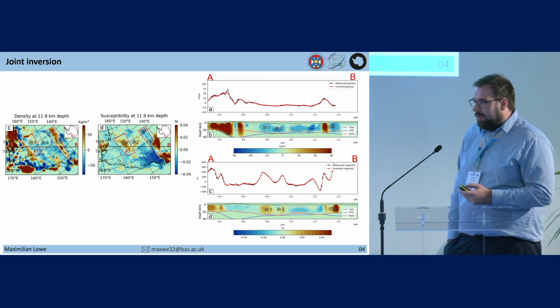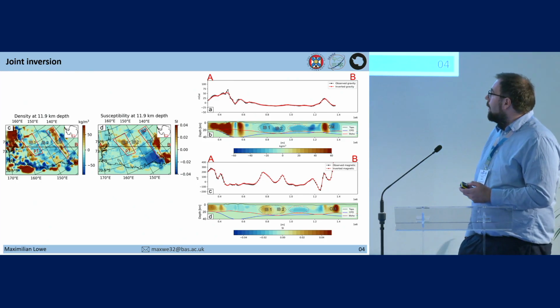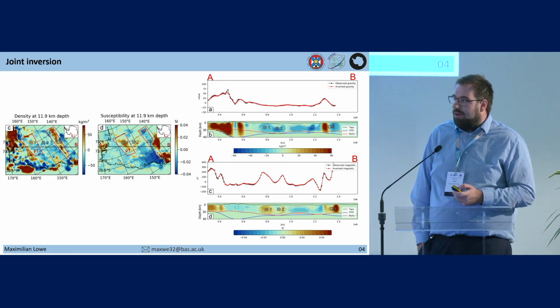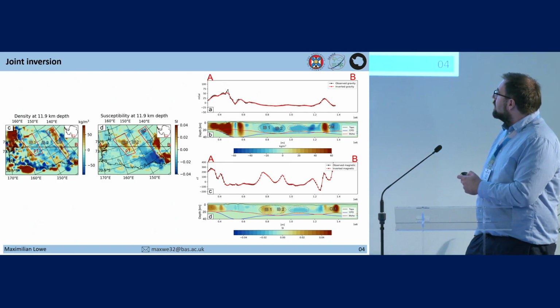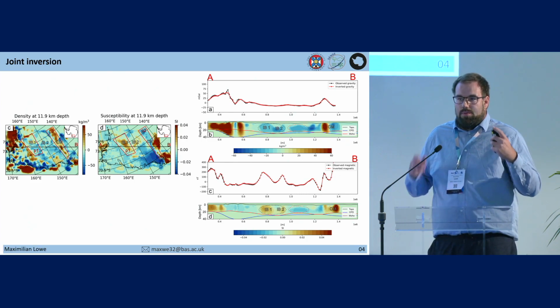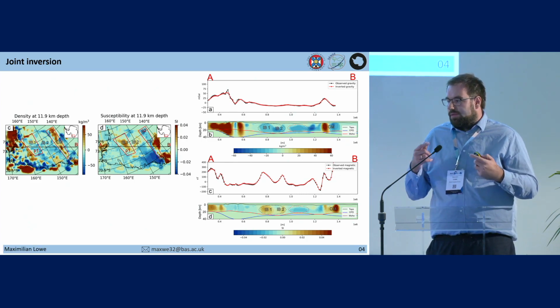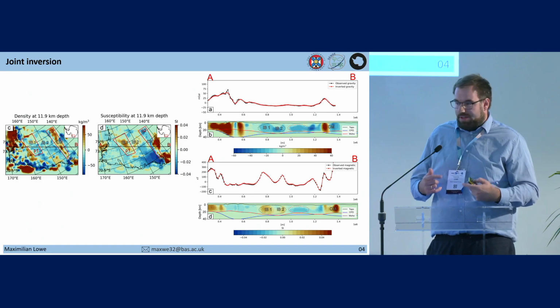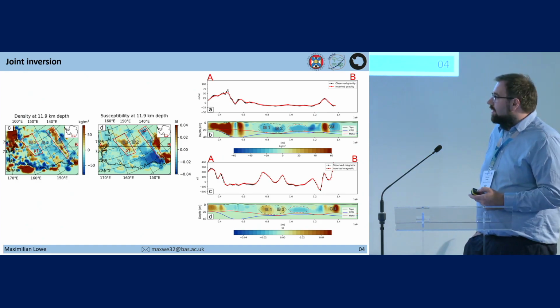What we also incorporate is a different boundary condition, which is quite novel: the Curie depth point estimation, which is the point at which rocks lose their susceptibility. Below that, you wouldn't expect any susceptibility values, but of course you still have density values.